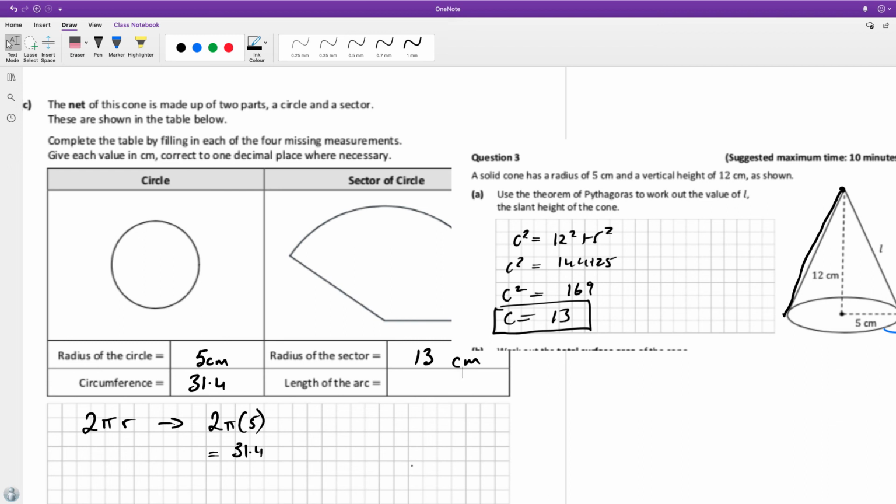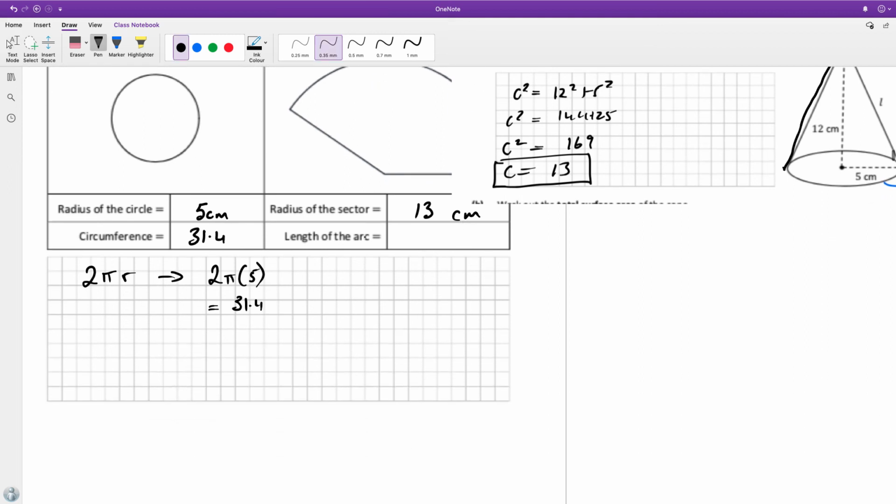Which one says the length here? So that's what we want. 2 pi r theta over 360. So length of the arc, take down our formula, 2 pi r times theta over 360.